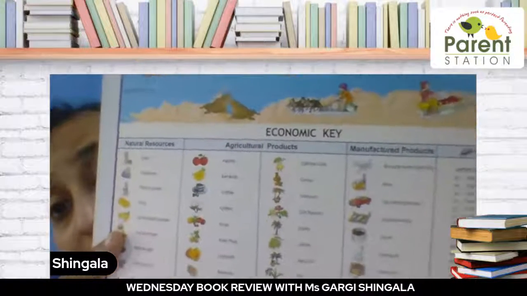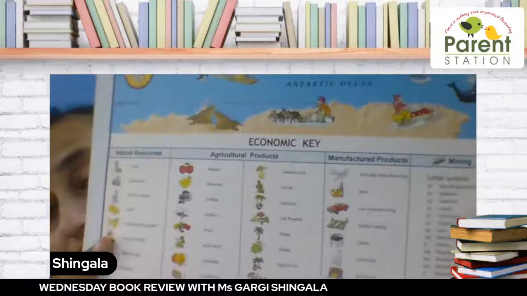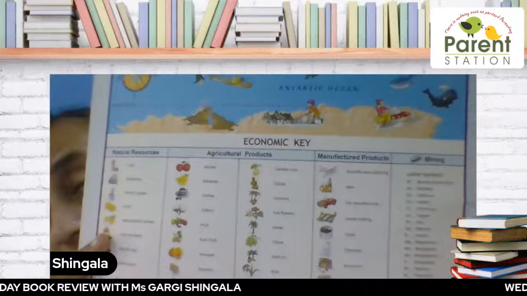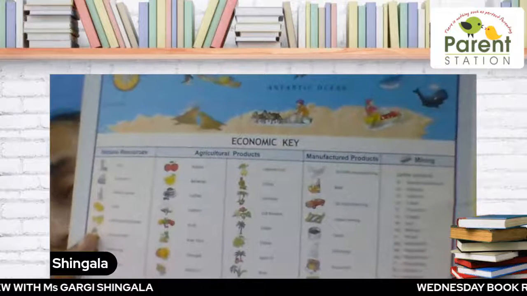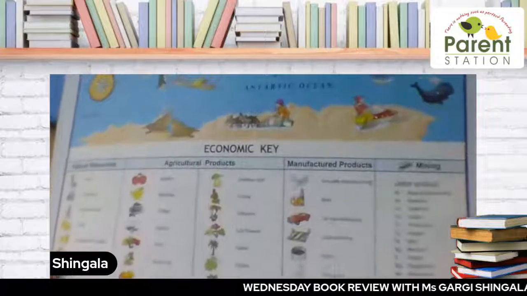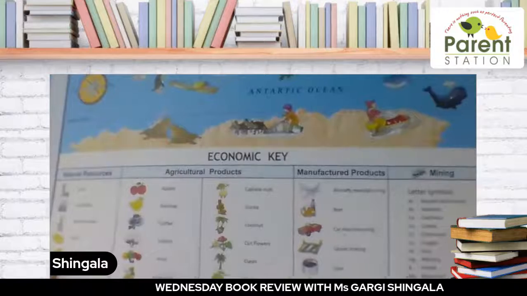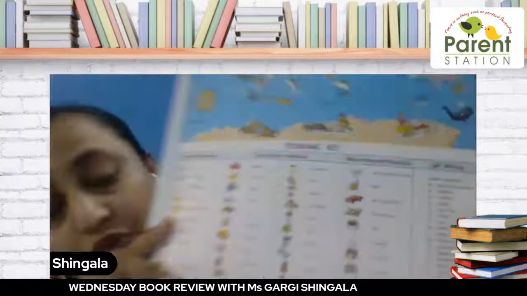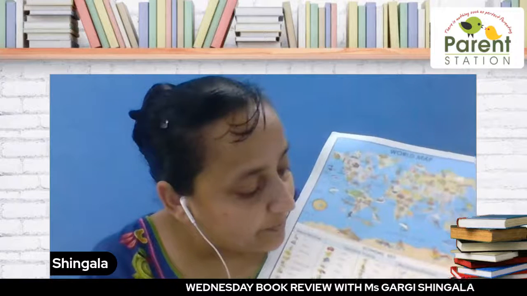Then manufactured products. Which country manufactures which will be illustrated by this picture. And again, in the last one, they have letter symbols. So if it says Al, that means it's bauxite. Okay, that was about mining, right? Major metals and services.